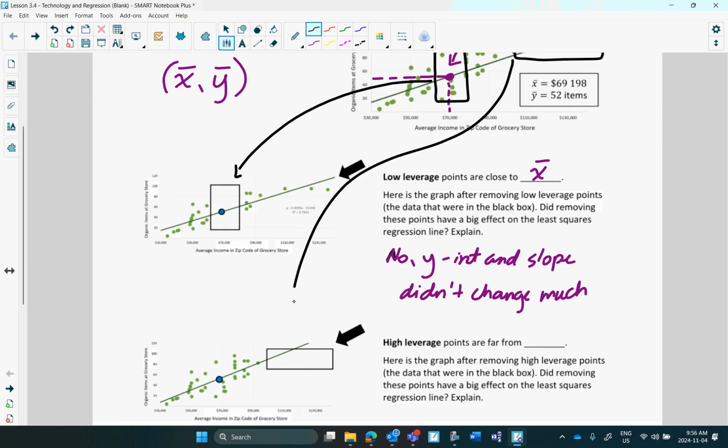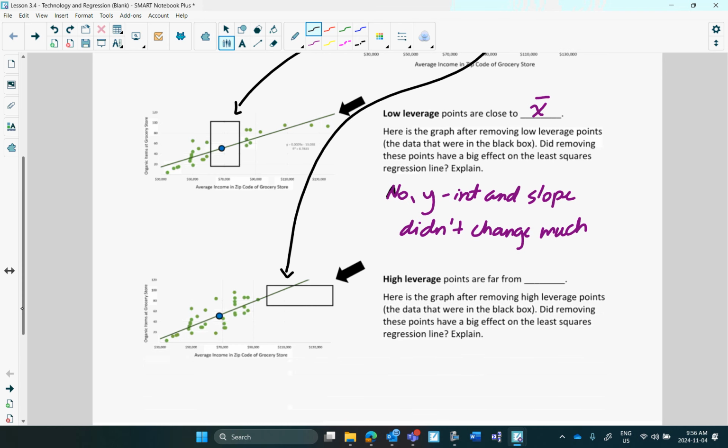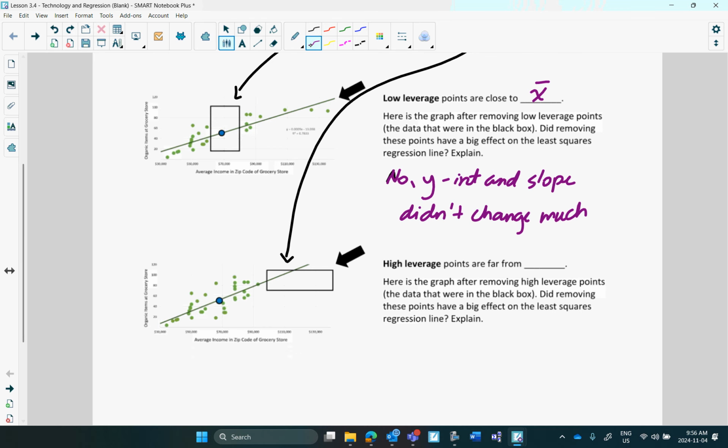If we remove those and compare the least squares regression line to when they were in there, there is a difference. The slope did change, and so did the y-intercept. So we would say high leverage points are far from the x mean.